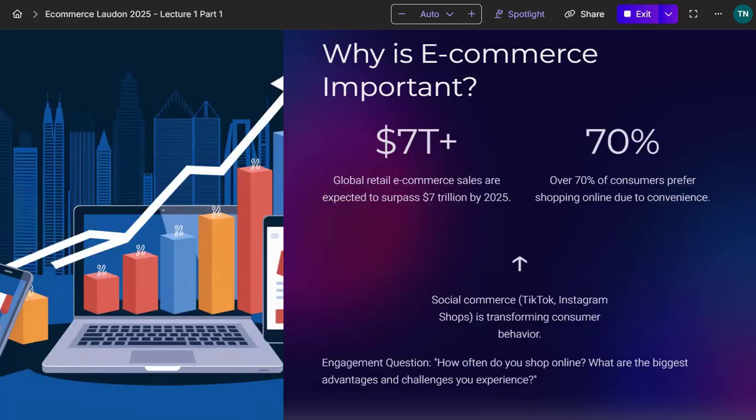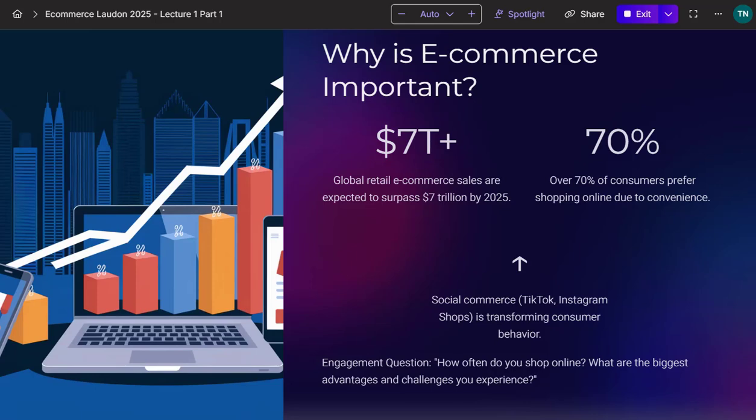Now we look at the question, why is e-commerce important? Global e-commerce sales are expected to surpass 7,000 billion by 2025, demonstrating the massive growth and opportunity in this space. Over 70% of consumers now prefer shopping online due to the convenience and flexibility it offers.